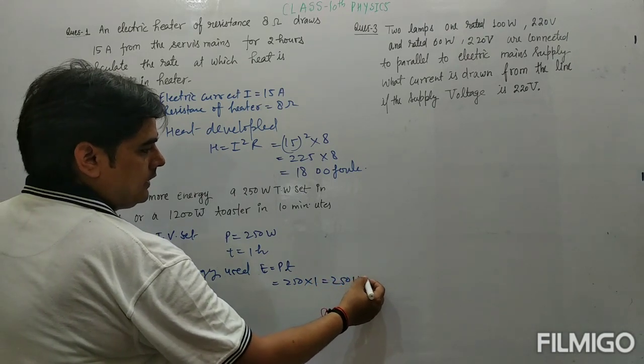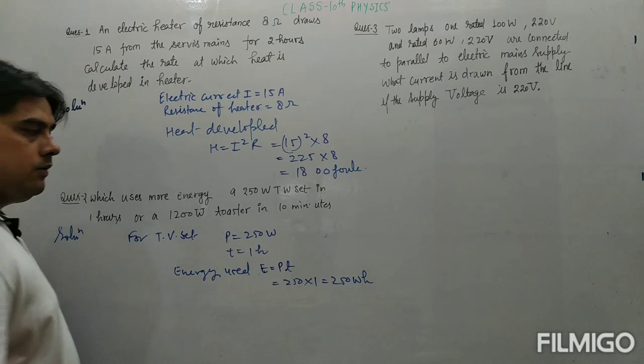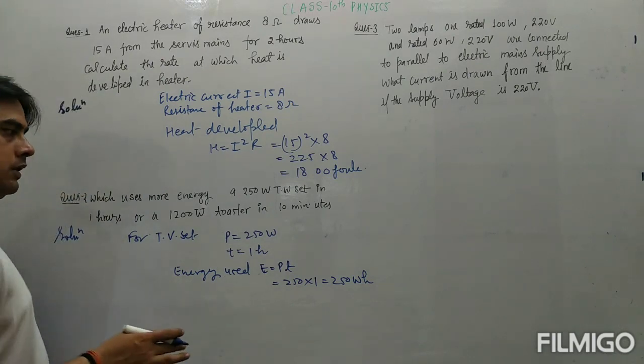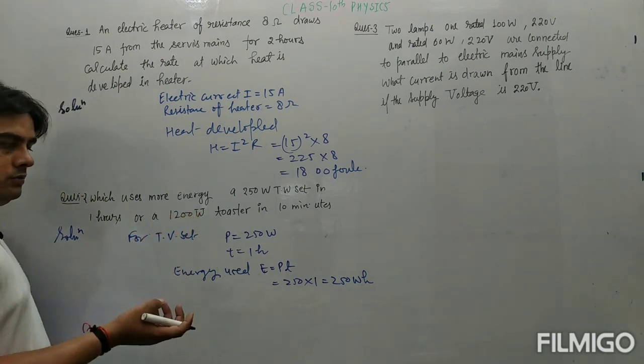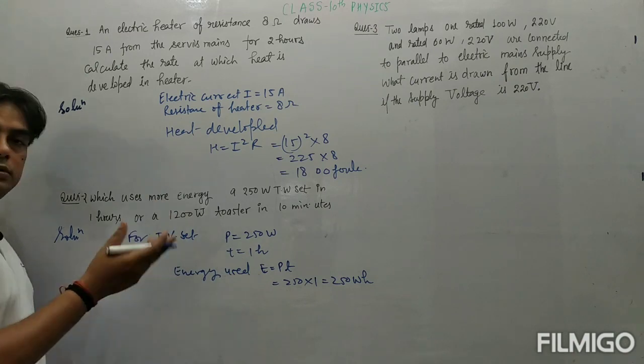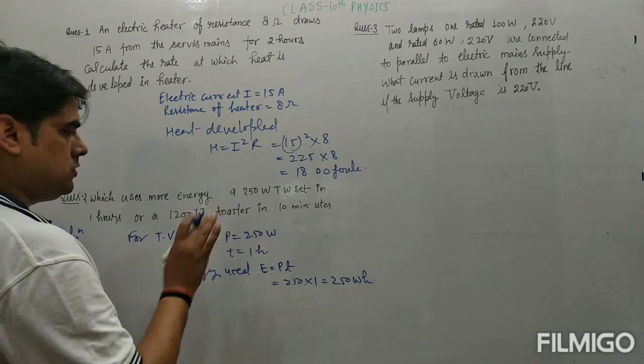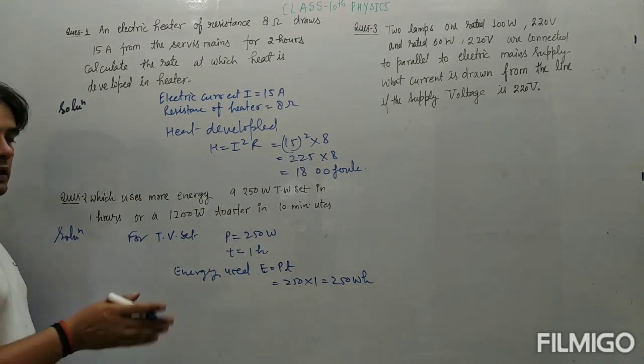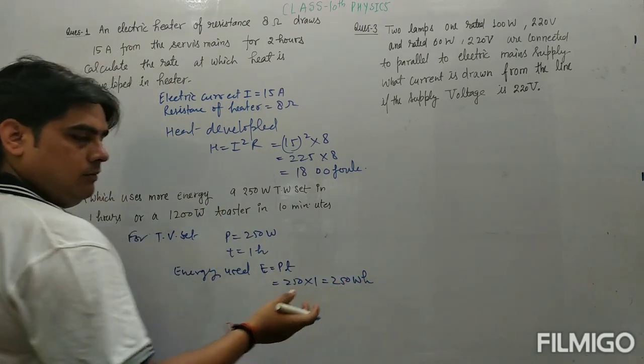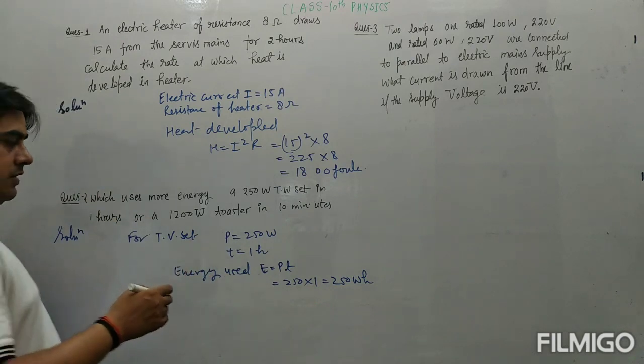250 watt hour. Here one thing is important. When you find the energy consumed by both appliances, then you put the energy in the same unit.